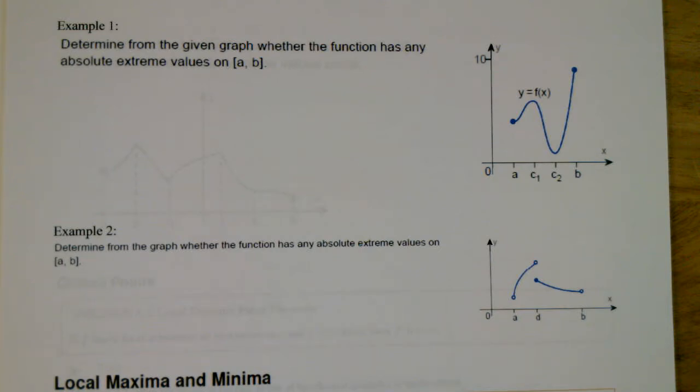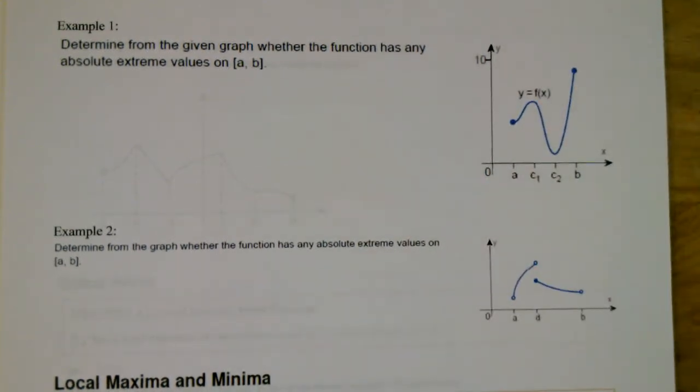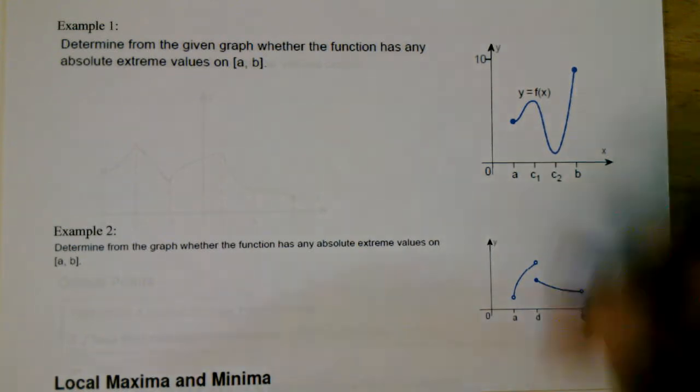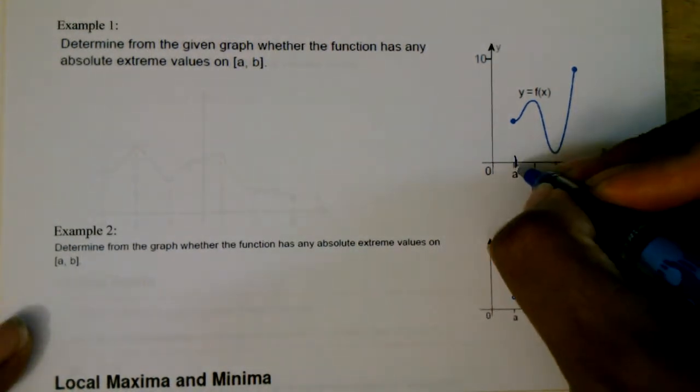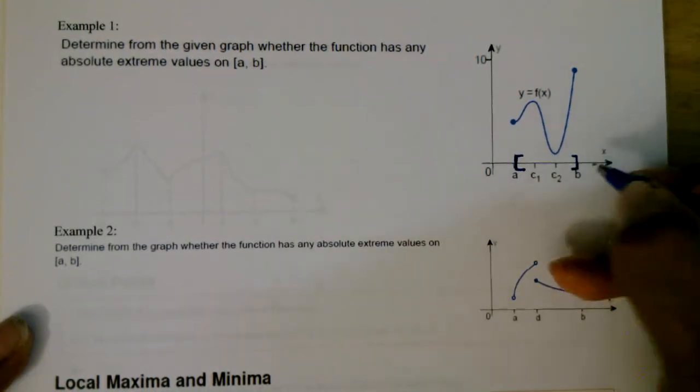Okay, so in this case here, let's say we want to determine from the given graph whether the function has any absolute extreme values on the closed interval [a, b]. Okay, so here's a graph right here, and I'm going to use brackets at a and at b, because that's the closed interval.